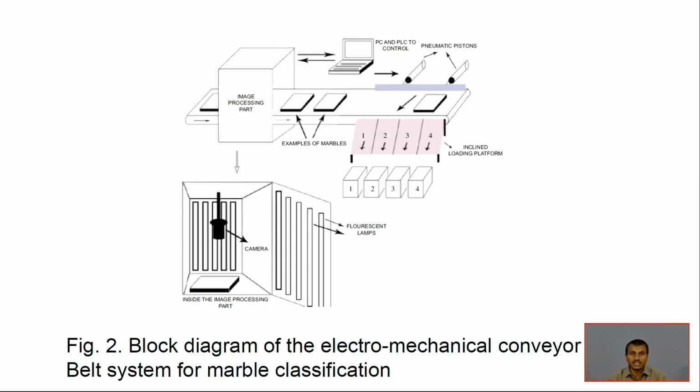This is basically the block diagram of the electromechanical conveyor belt system for marble classification. On the right side there is an inclined platform that loads the marble onto the conveyor belt, and there is also an arrangement for loading the marble as well as taking the marble from the conveyor belt.